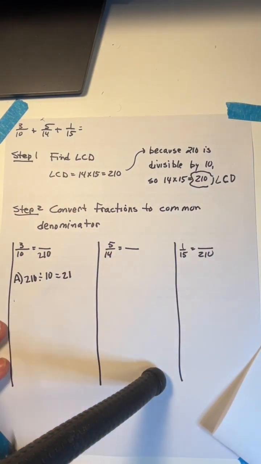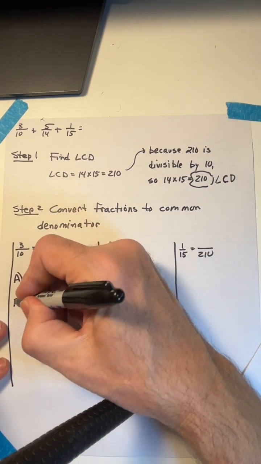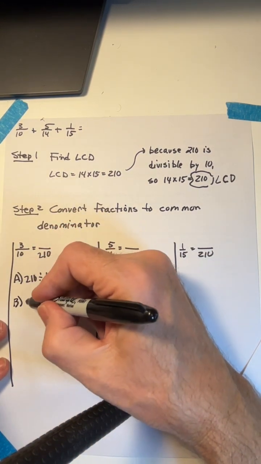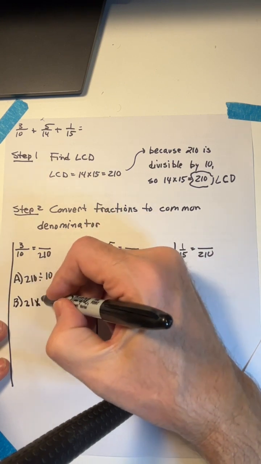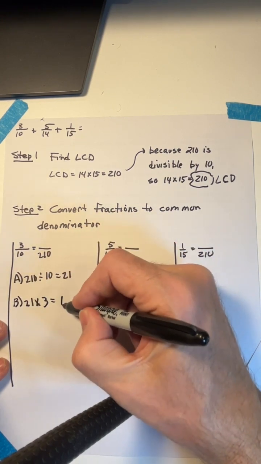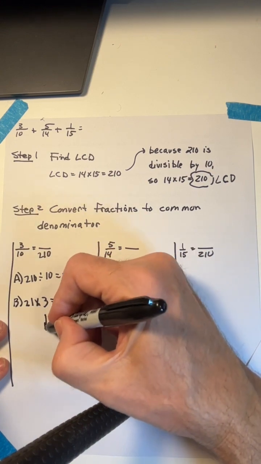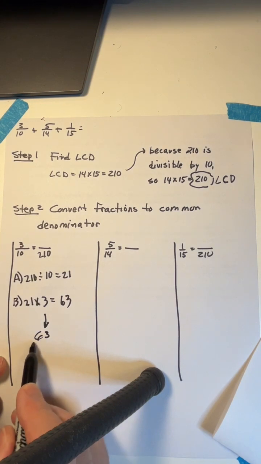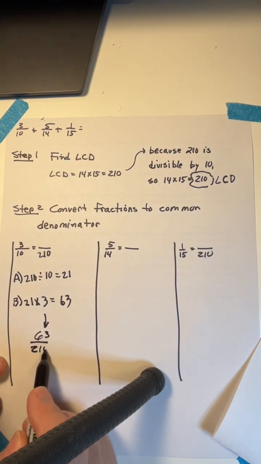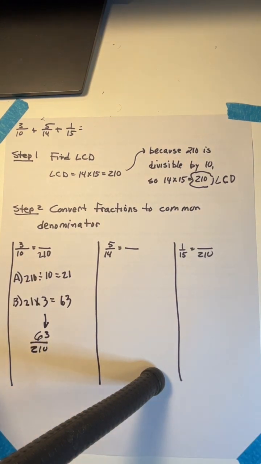And then our step B, I'm writing around my camera here, is the 21 times 3, and that is our 63. And we take that, and it's 63 over 210. There we go. So that's the first one.